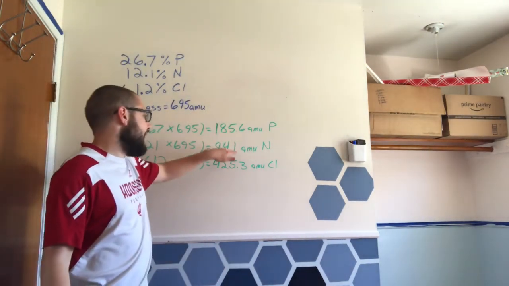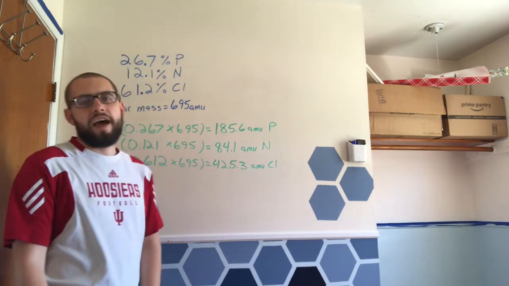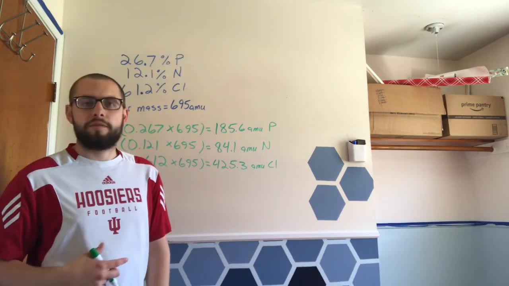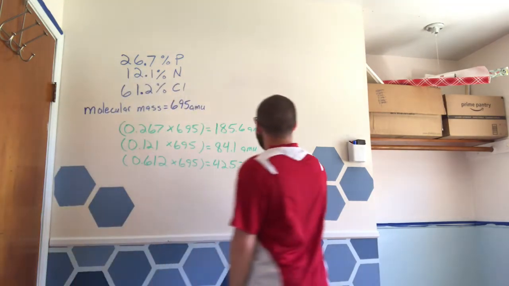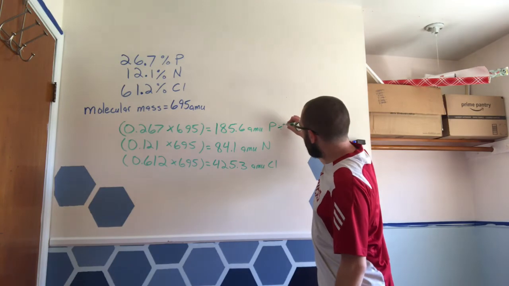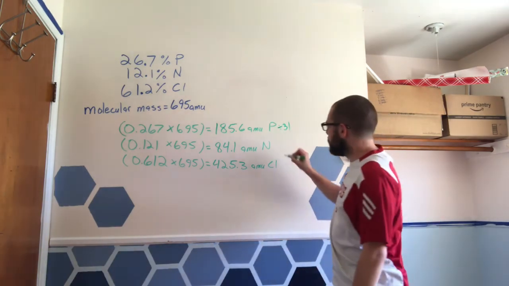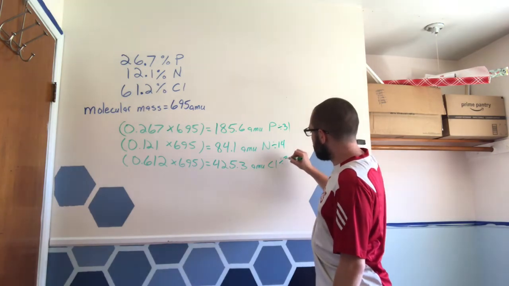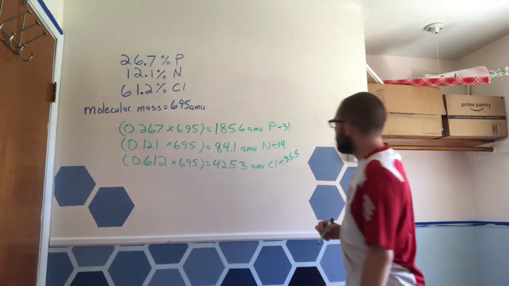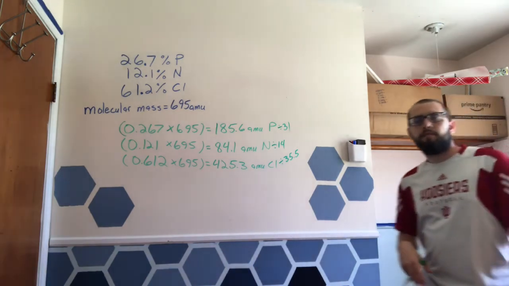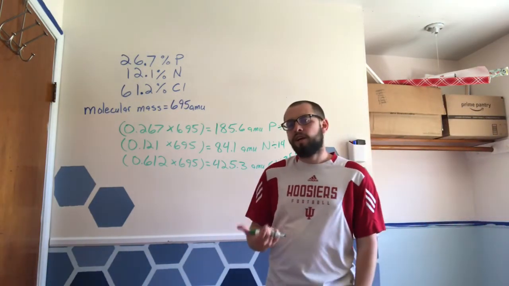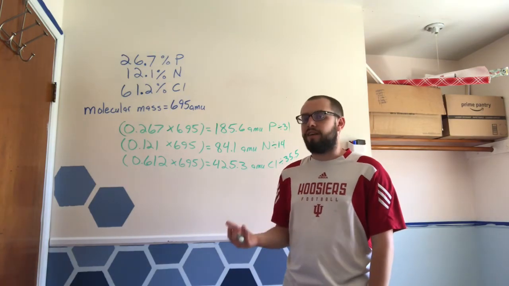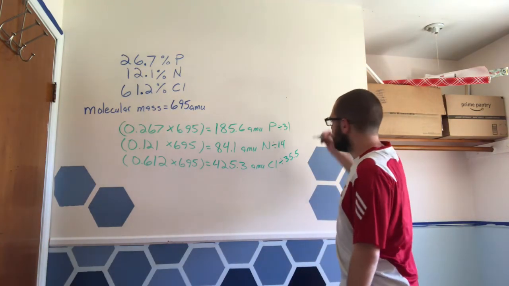Each one of these mass amounts, I'm going to divide by the average atomic mass of that element. I'm looking these up from the periodic table. Phosphorus is just about 31 atomic mass units. Nitrogen's just about 14. Chlorine's about 35.5. It's not going to give me exactly whole numbers, but it's going to be so close that it should be obvious what the whole number is meant to be.